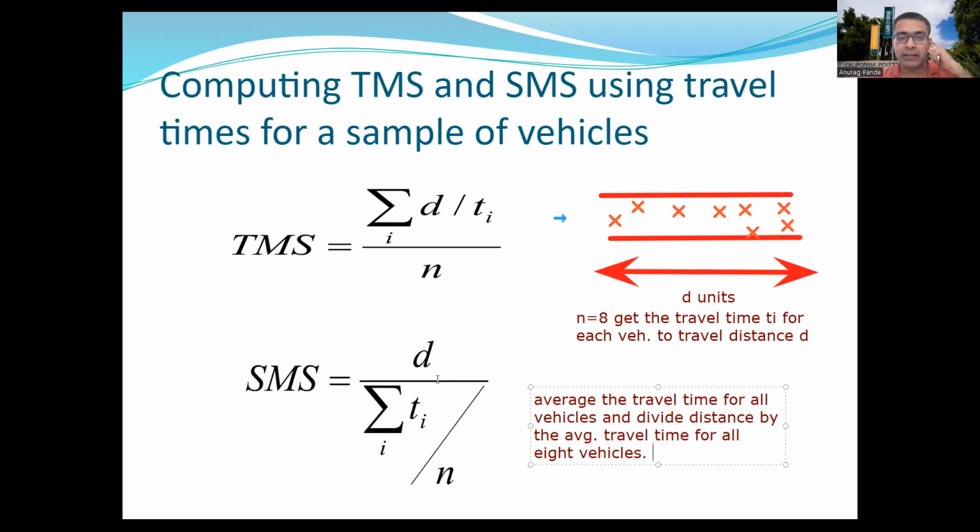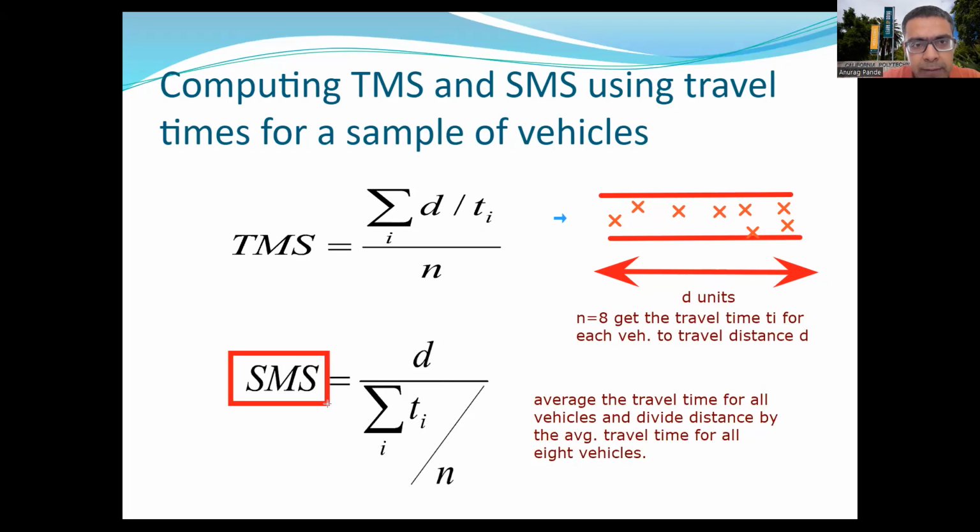And the other thing is that space mean speed is always lower than the time mean speed. So when we are doing a lot of these traffic performance calculations or estimations in freeway level of service, as we're going to do in the next chapter, for example, we always use space mean speed.